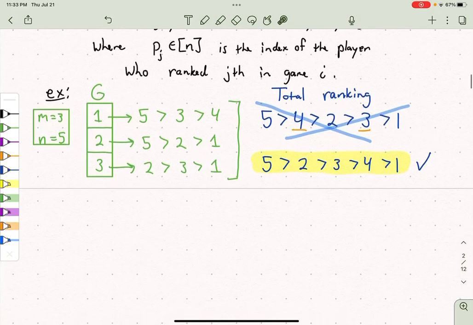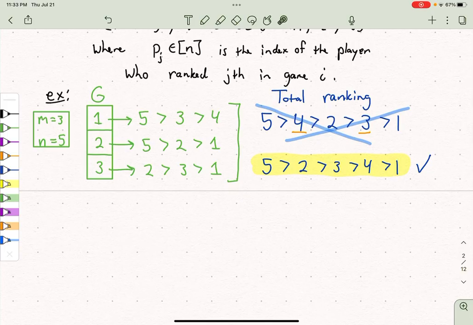And here's a visual representation. So maybe these are the 3 games. There are a total of 3 games and 5 players. And we could say in the first game, 5 was ranked 1st, 3 was ranked 2nd, and 4 was ranked 3rd. So you could represent this as inequalities by saying 5 beats 3 and 3 beats 4.